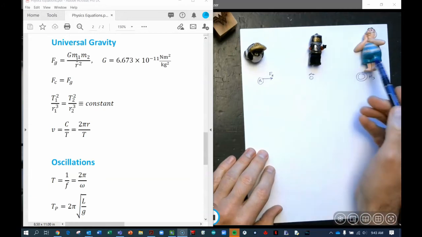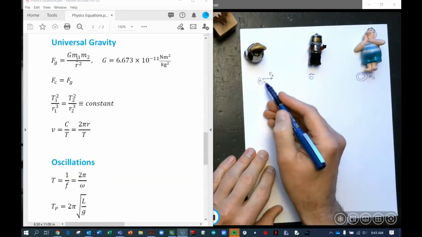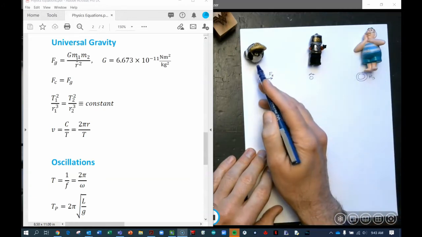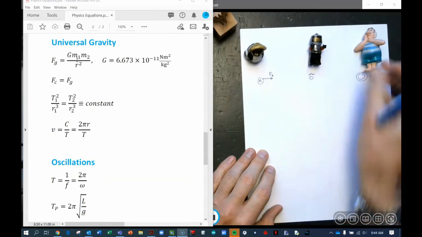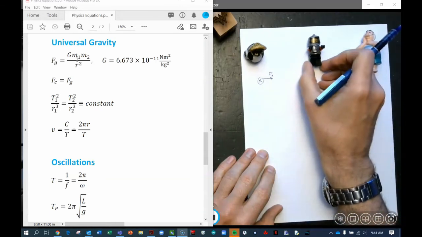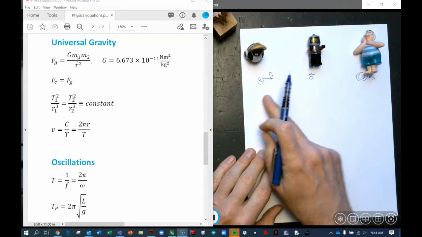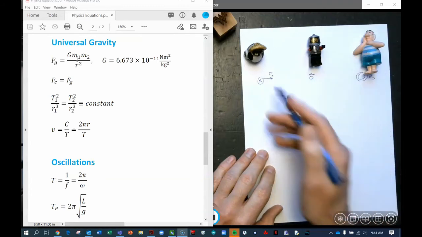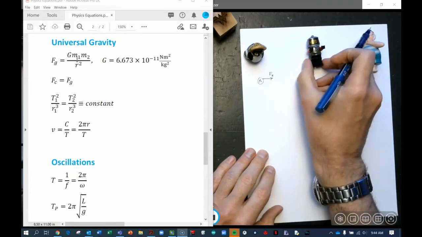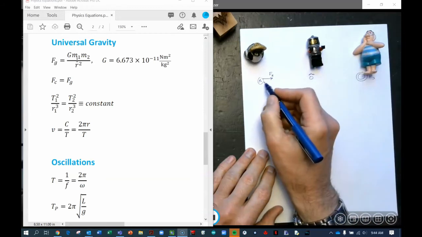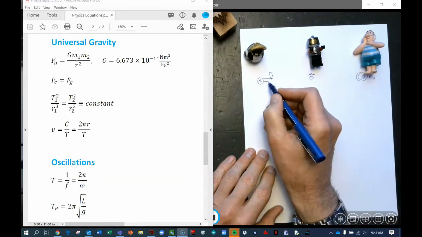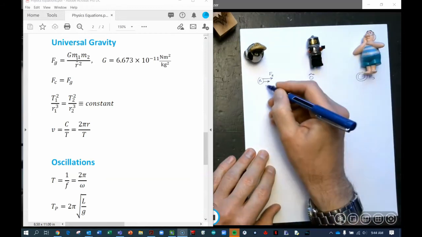Now the big guy has more mass, so you may think that the force the little tanuki is experiencing is going to be bigger because this guy is so much bigger than the scuba diver. But his distance is so much greater. And so it's possible that the little guy here could have a greater force than Smee does. And in fact, it probably will be likely to be that way.